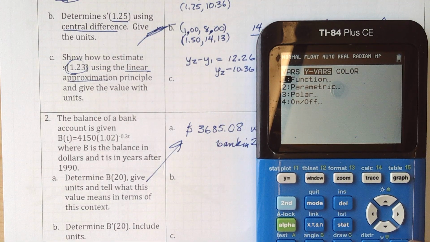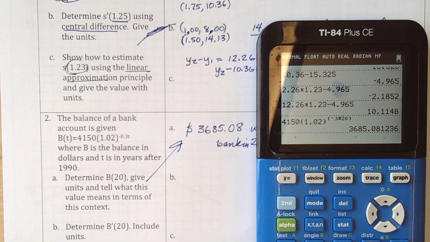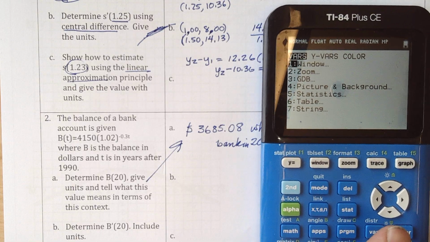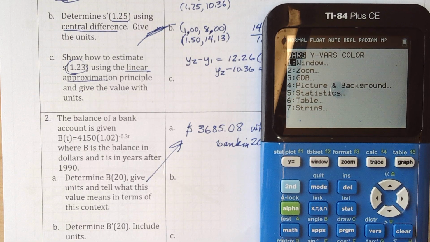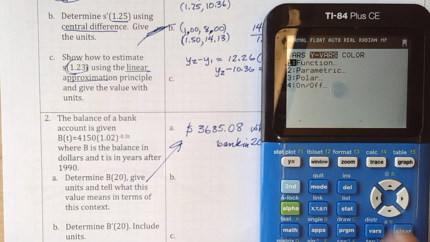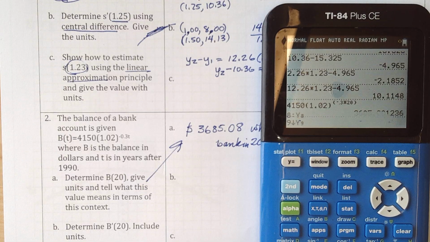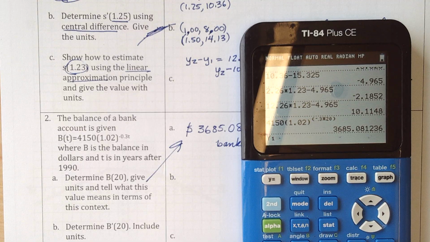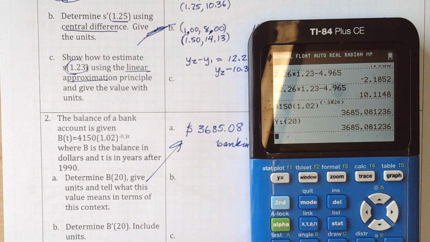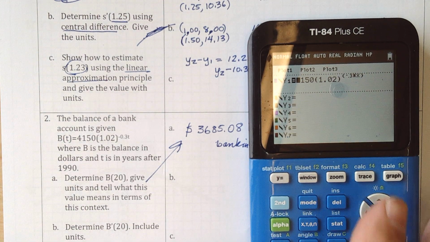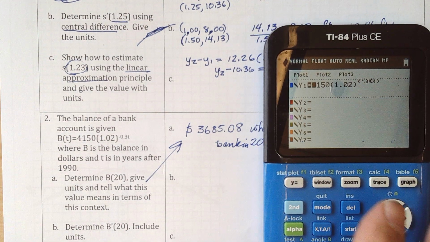Let me show you what I'm punching here. So, clear. Vars, the button right down here, y variables, y1 of 20 years. And it gives me that answer. It puts 20 into that function for the x that I put there. I could also do it this way.